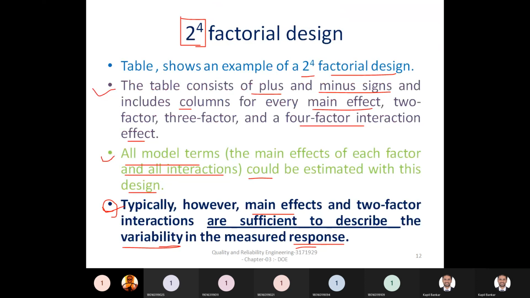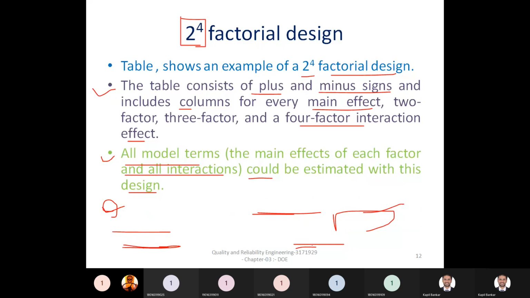Okay, so the statement tells us, however, the main effects and two-factor interaction effects are sufficient to describe the variability in the measured response.